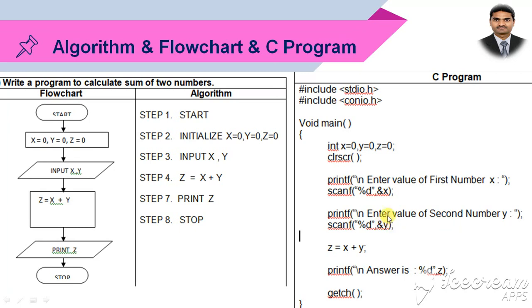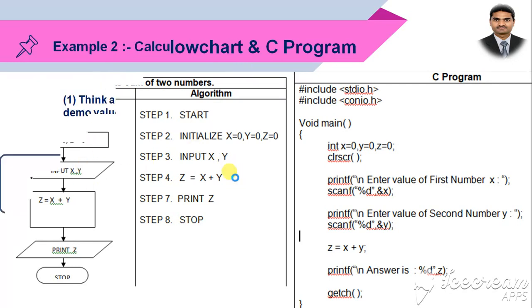So the second value will be stored into y. Then this is the actual logic, and in C every statement ends with a semicolon. Remember these things. And once z has the answer, we print the sum is, or answer is, z. So this is one program where we wrote the algorithm and flowchart and this.